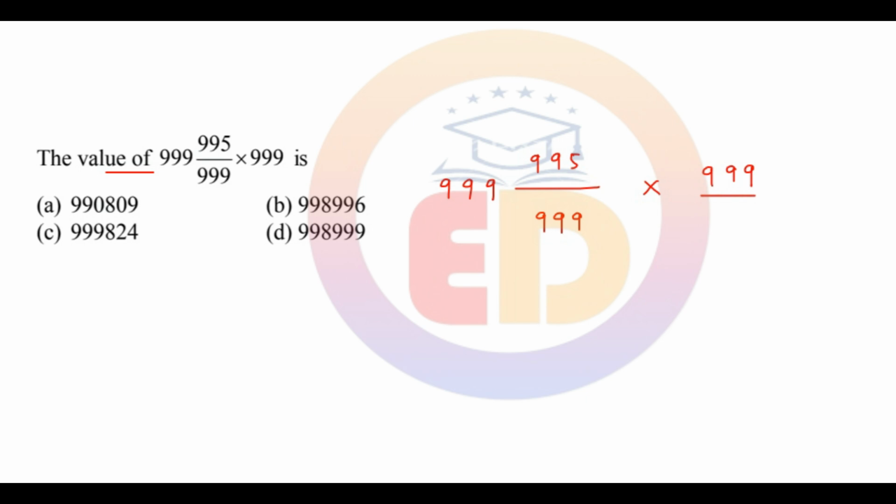Now first we will solve this mixed fraction, and for that I multiply 999 with 999 and then we add the numerator, which will become 999 multiplied by 999 plus 995.